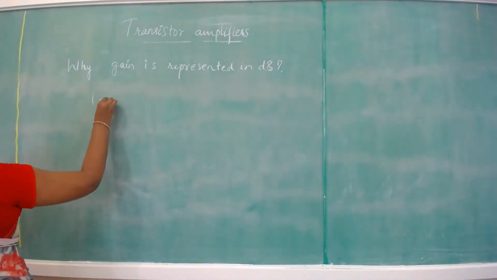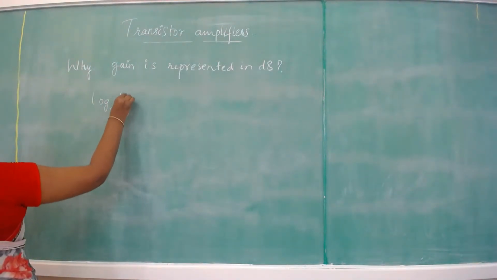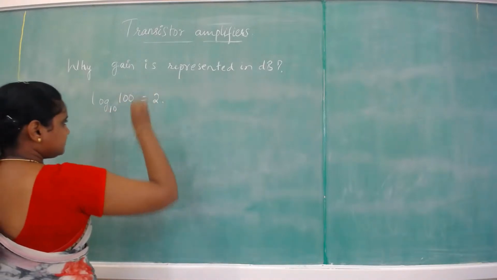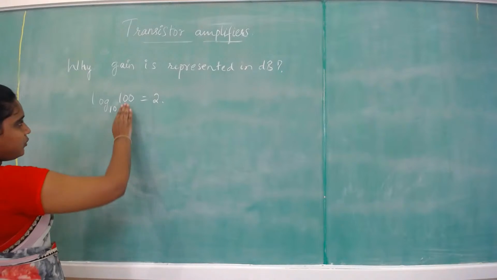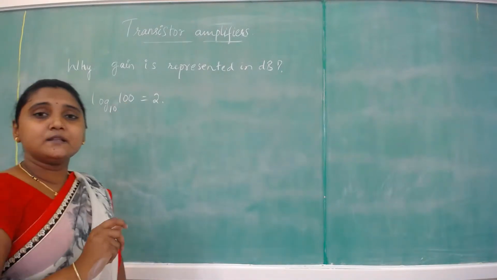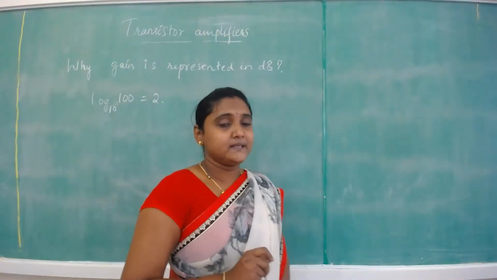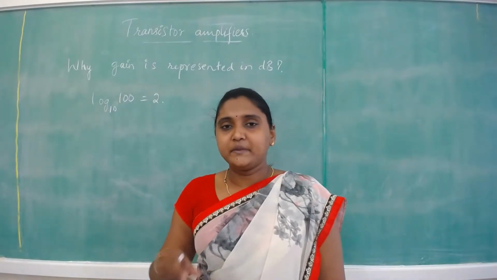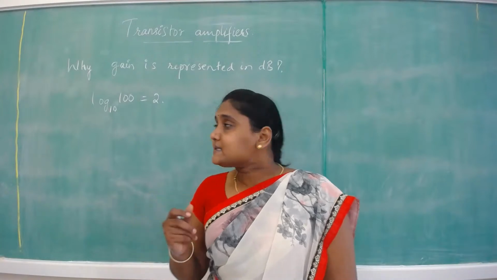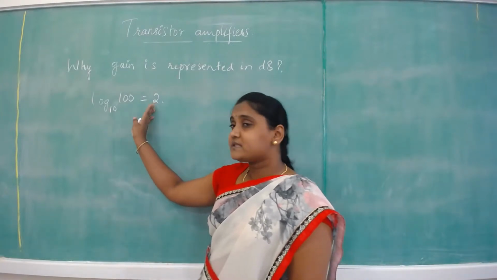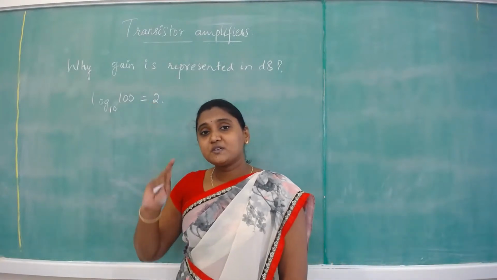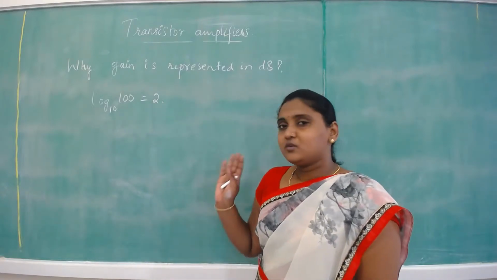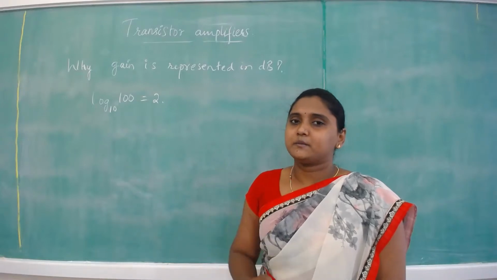Log to the base 10 of 100 is equal to 2. What we are actually doing is increasing the volume by 100 times. That means if the volume is at 1, I am making it 100. When it is increased by 100 times, our human ear perceives it to be doubled. So this is the natural response of the human ear, and that is logarithmic.